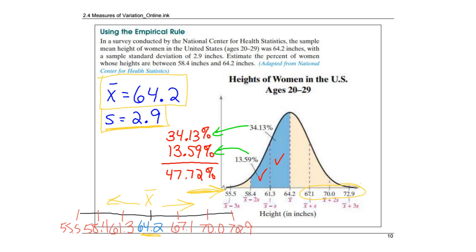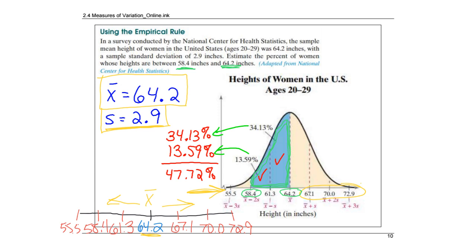Now, let's look at what they're asking me. They said, okay, we want to know what's going on for the women between 58.4 inches and 64.2 inches. Well, 58.4 is right here, and 64.2 is right here. That means I need to know what all of this area is, right? These 2 blue pieces, I need to know what percentage those are, and then I will know the percent of women that are between those 2 heights.